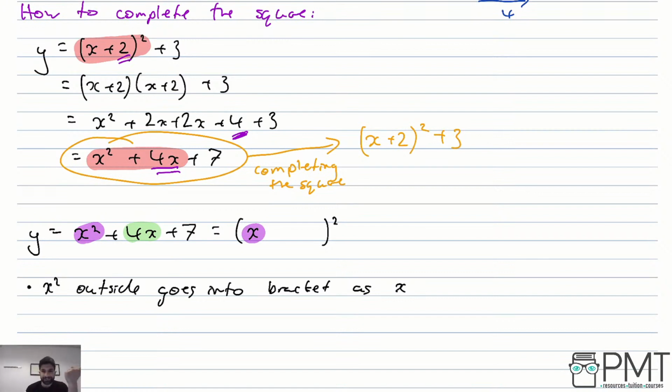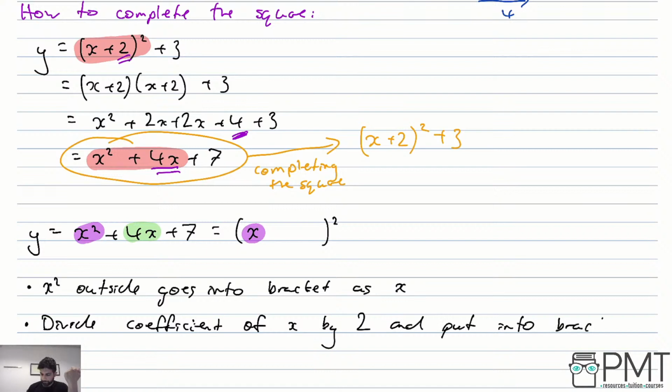The rule is dividing that by 2. So divide the coefficient of x by 2 and put it into the bracket. This is the second step in our recipe of completing the square. 4 divided by 2 is a 2, so we write x plus 2. That's always going to be the case.